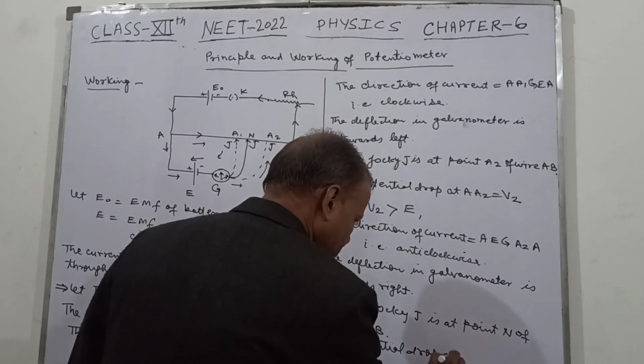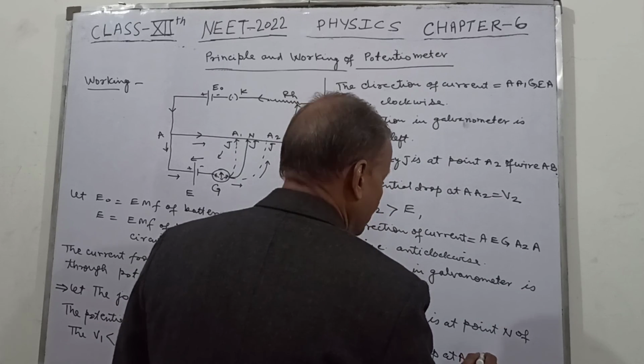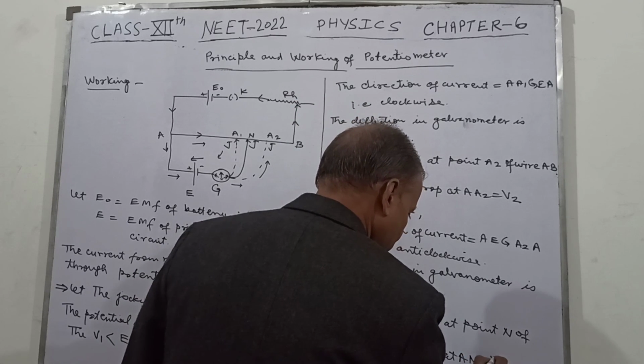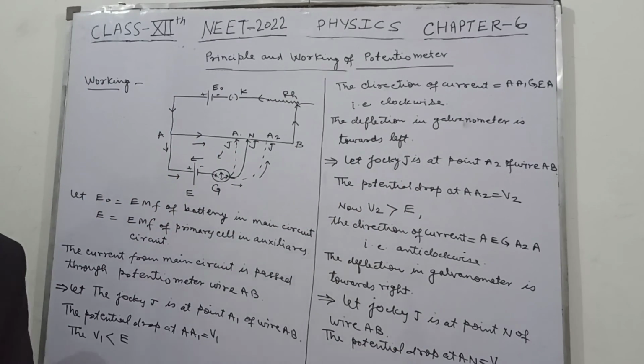At this point, the potential drop at AN is equal to, suppose, V naught. This is not V. Then what we have taken?